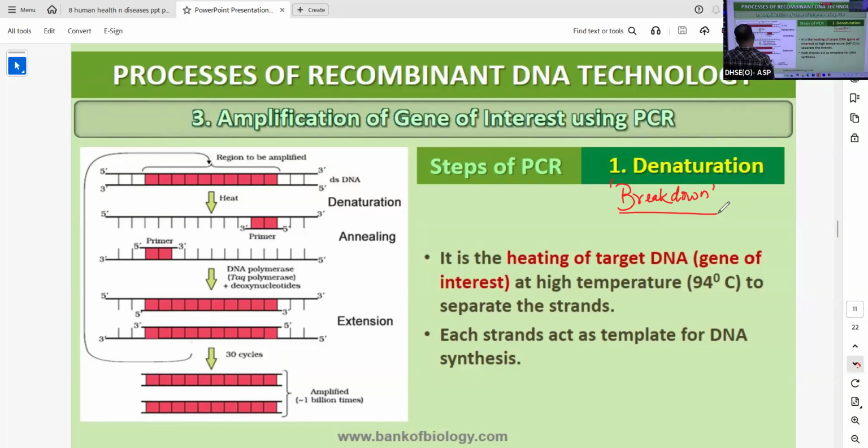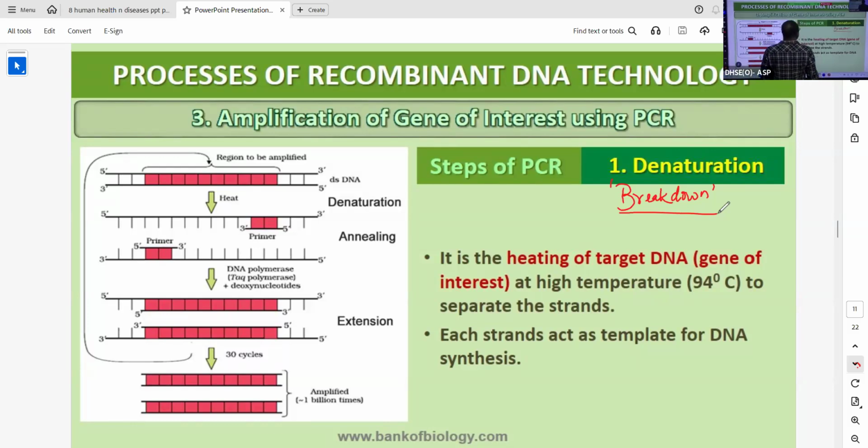That is known as denaturation. Clear? So denaturation basically implies the process by which the structure is broken down in order to bring certain changes, modify anything.